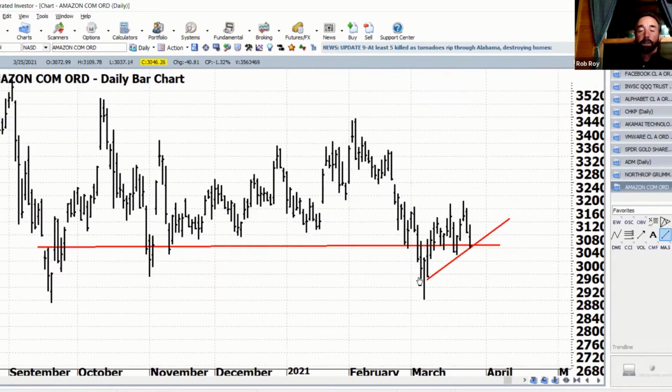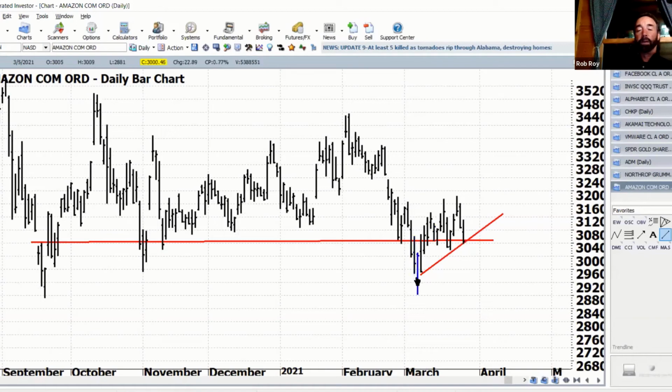You can see that we didn't get follow through. There was our breakdown, and we turned around, and had we closed lower there, we would have broken that low from September, but it was a reversal day. We headed back up, and now we're working on a bit of support here at the 30-40 level. So perhaps it moves back to the upside from there.